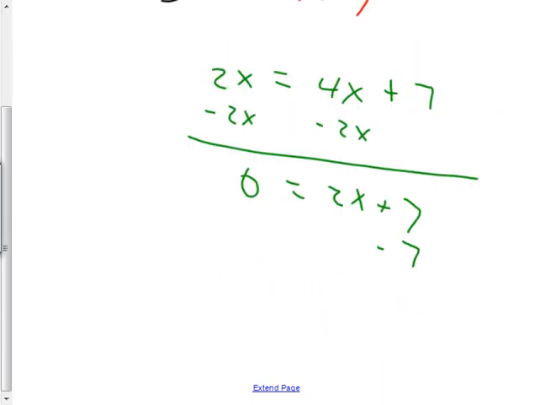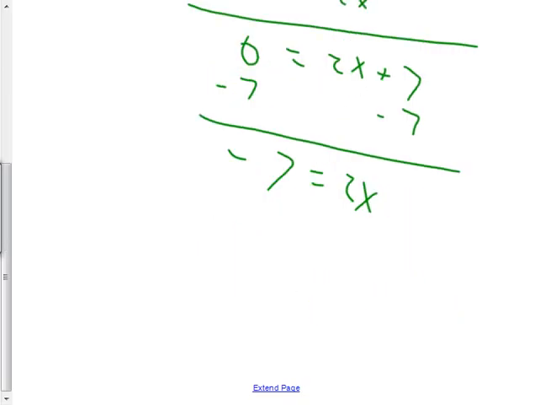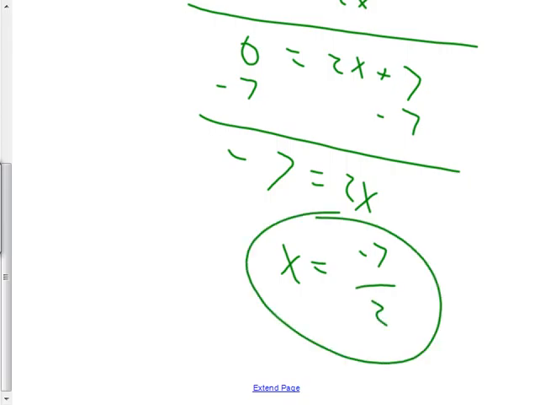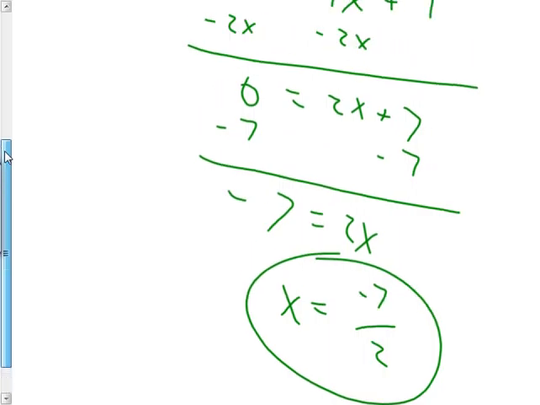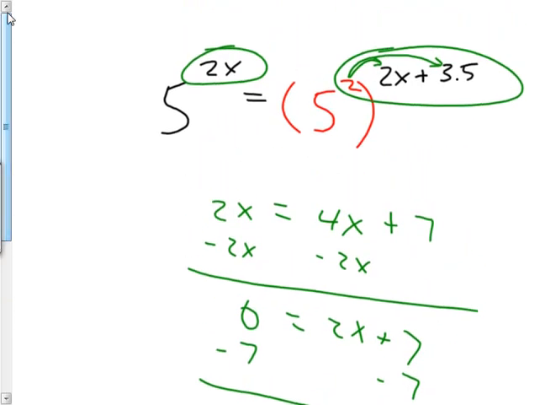So now I'm going to subtract 7, negative 7 equals 2x. I'm almost done. And x has got to equal negative 7 divided by 2. Negative 7 halves. All right, so from there it was just simple algebra. To get it to the simple algebra thing, though, I had to know that I make my bases the same. And once I make the bases the same, this will have to equal that.